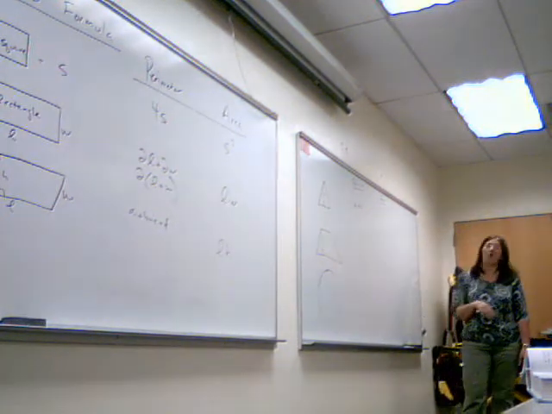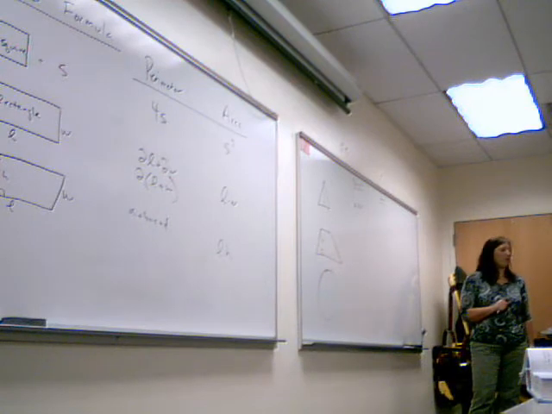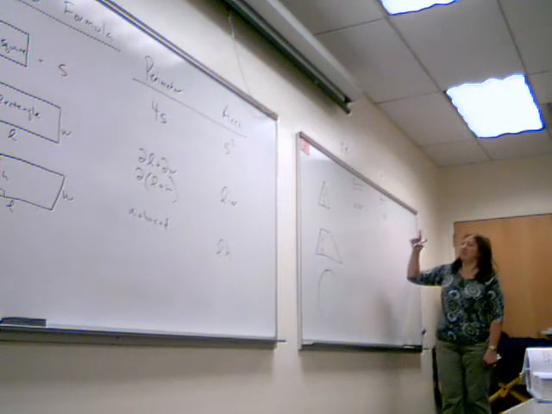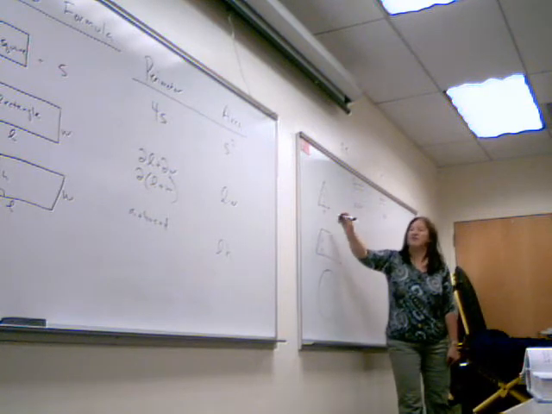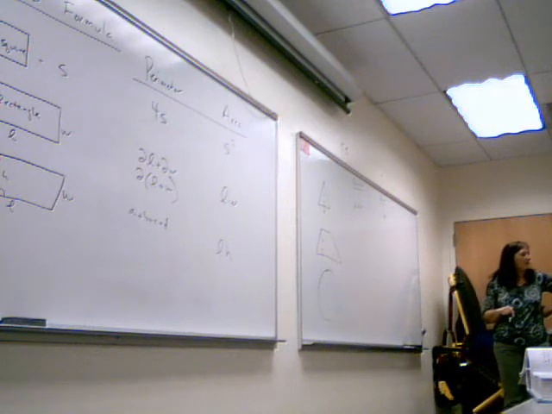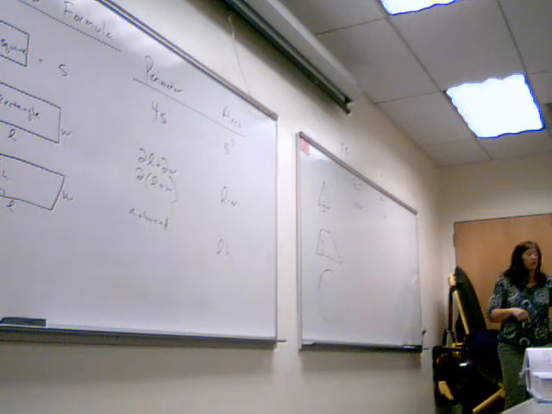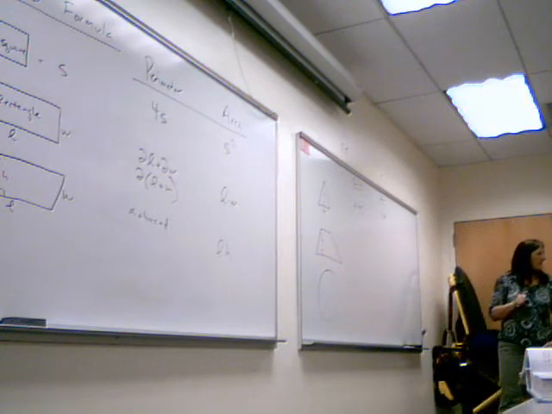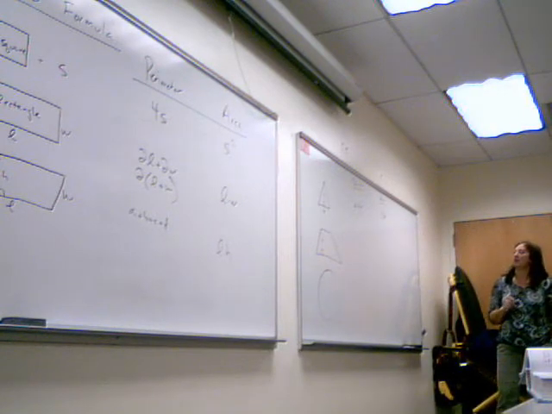What's my formula for area of a triangle? You remember that one? Yeah, base times height. And remember, your height and your base always come off of that right angle. Okay? What else? 1/2 times base times height, right? Because a triangle is half of a parallelogram. Okay, that's where the half comes from.